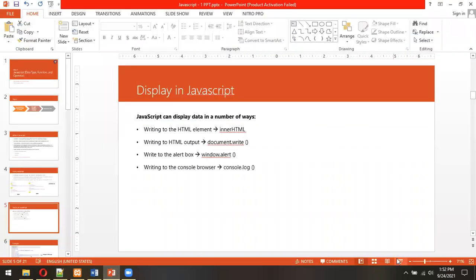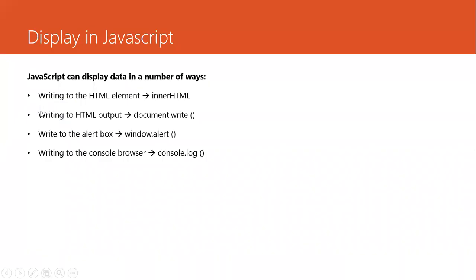And the third is we can also put the JavaScript inside an alert box. An alert box is like when you open a Zoom meeting, usually there is a pop-up that asks you to open it in the browser or in the application. So the Zoom meeting pop-up is using JavaScript. In JavaScript, we can give a pop-up like that.